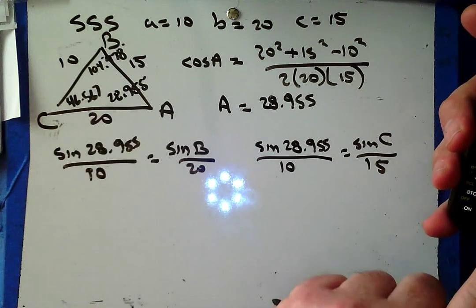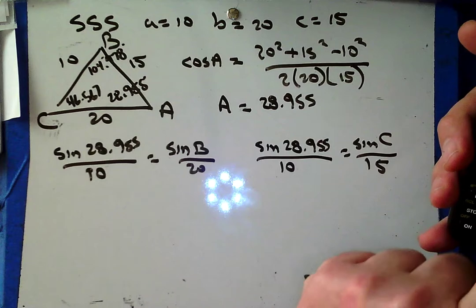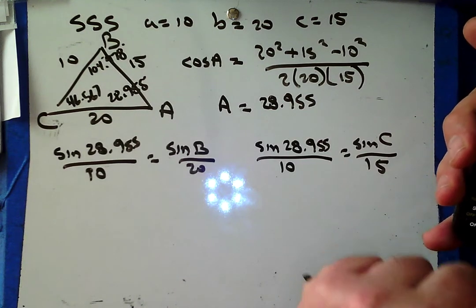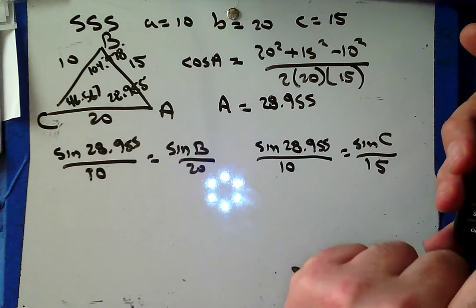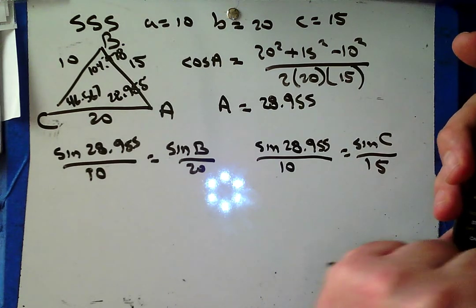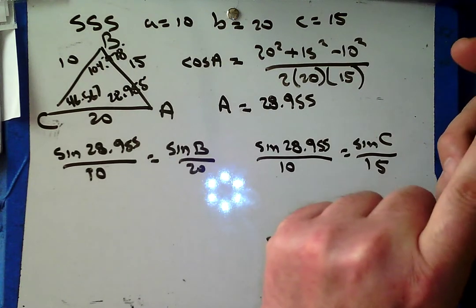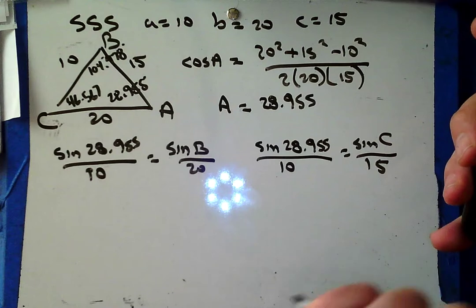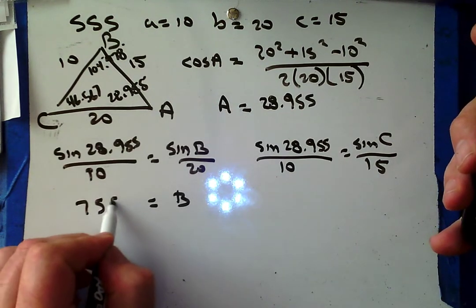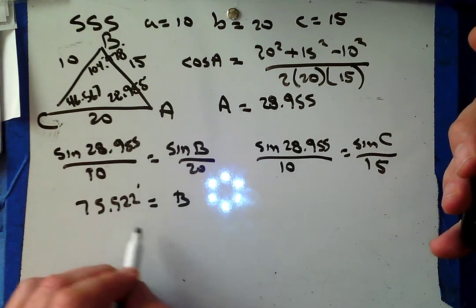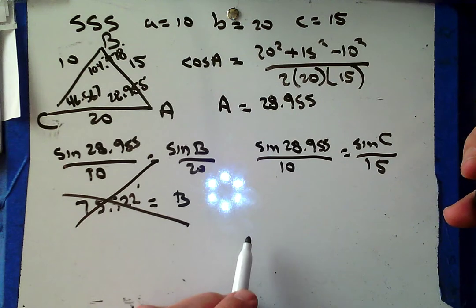This one, 20 sine 28.955 divided by 10. Don't forget to do the inverse sine of that answer, and I get that B is 75.522 degrees. Hey, no it isn't. So switching to the law of sines didn't work there.